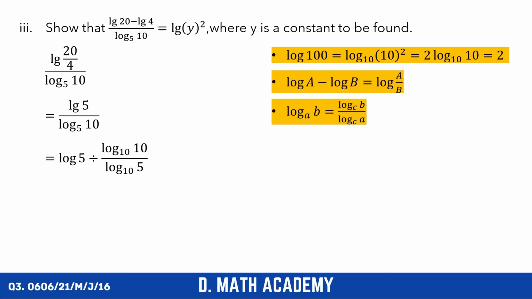Log 5 divided by log 10, with a result of 10, and log 10 with a result of 5. So divide becomes multiply. Log 10, 10 will be cancelled off and become 1. So now we will have log 5 squared, and the y will be 5.